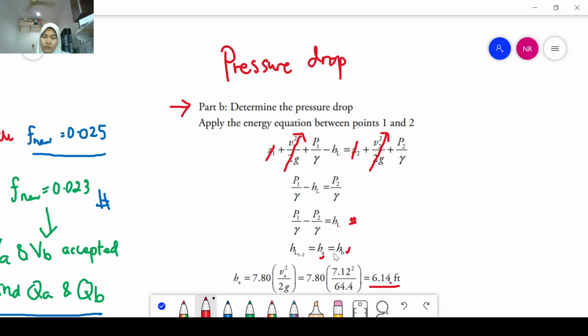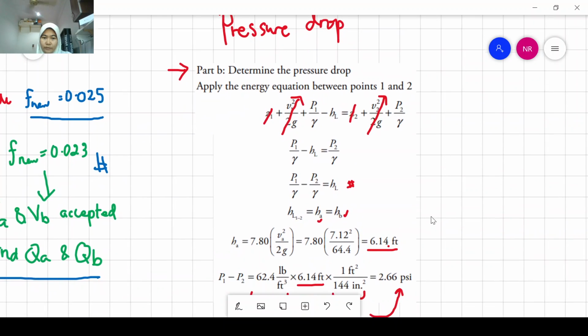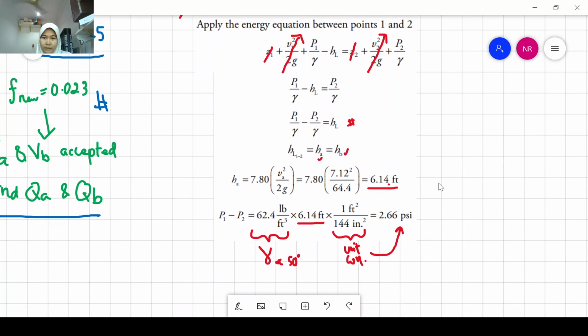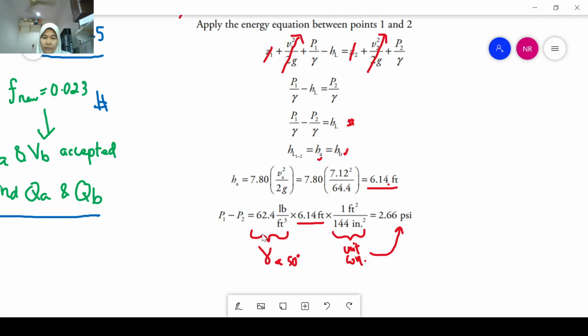Since you have your V, it's up to you whether you want to find it from HA or from HB because it is similar. In this case, the textbook uses HA. So HA is equal to 6.14, and this 6.14 can be used in this equation.